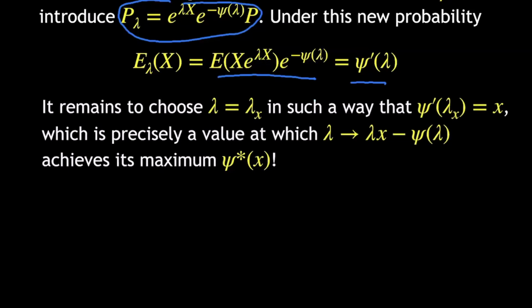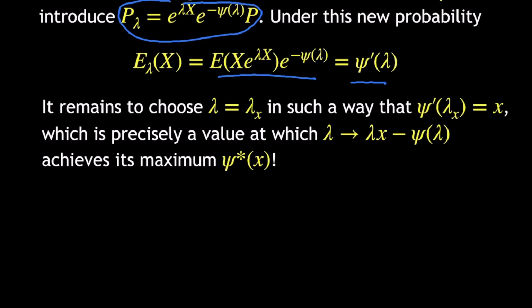But if you choose lambda in a subtle way, that is, you choose the very value of lambda such that psi prime of lambda x is equal to x, then the expectation will become equal to x. This is exactly what you need and what you want. You want the expectation to be equal to x instead of 0.